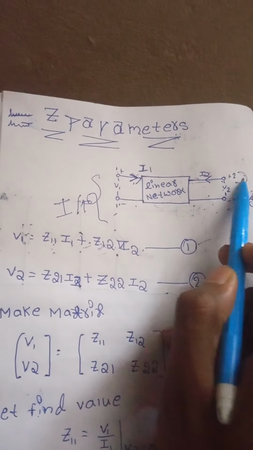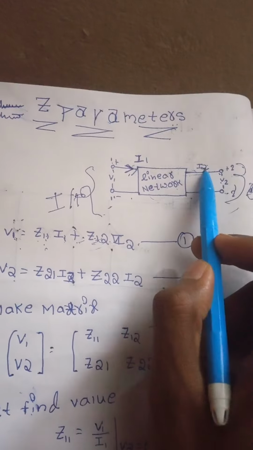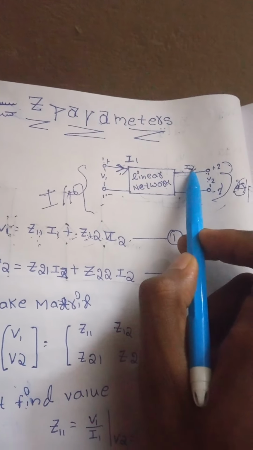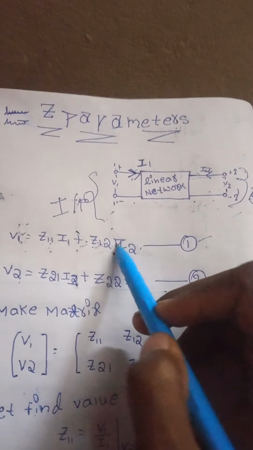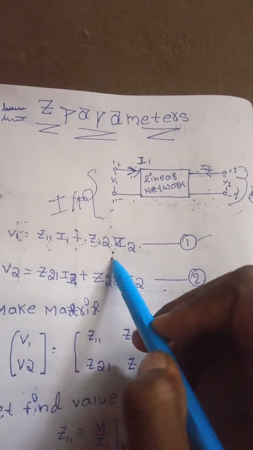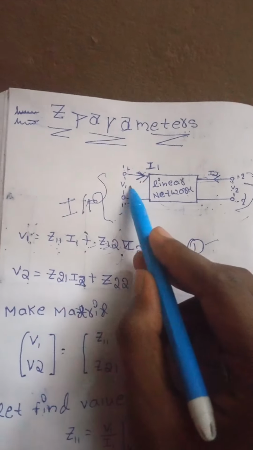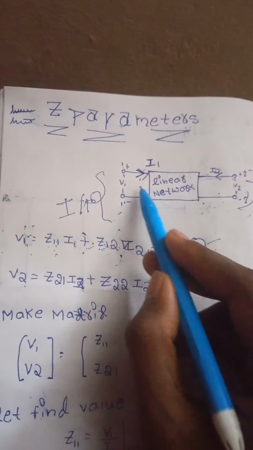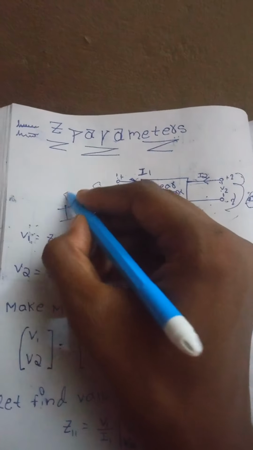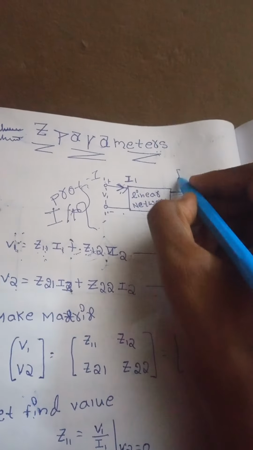This is port number 1 and this is port number 2, so the impedance is Z12 and the current flowing is I2. That is the first equation, for V1.